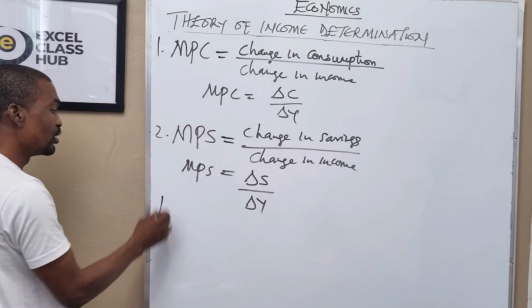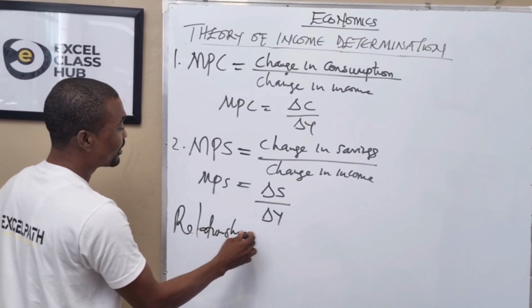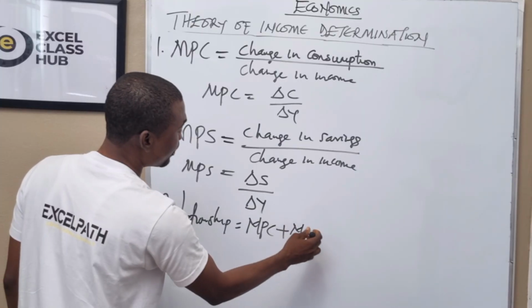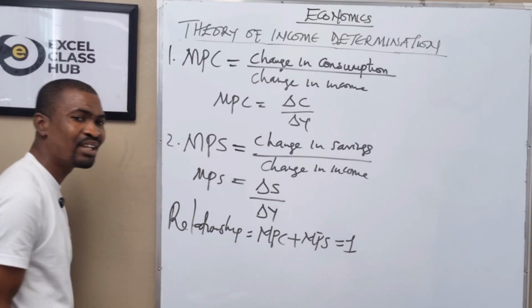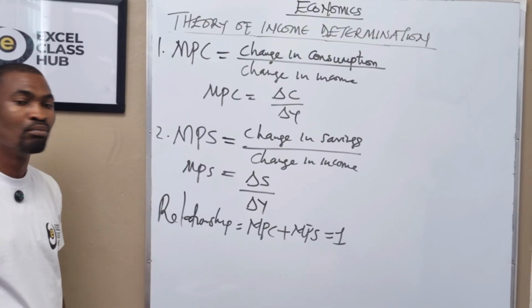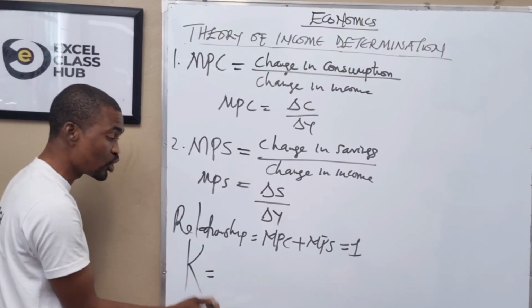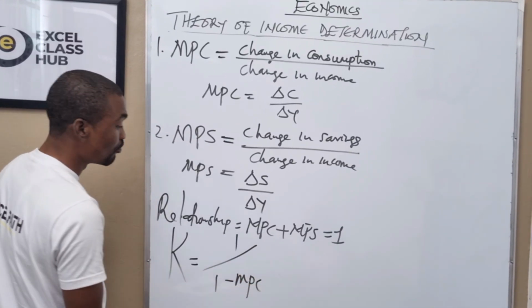Also take note that the relationship between the two is that MPC plus MPS is equal to 1. Also, you can be asked to calculate your multiplier. Multiplier in economics is denoted by letter K, which is equal to 1 over 1 minus MPC.